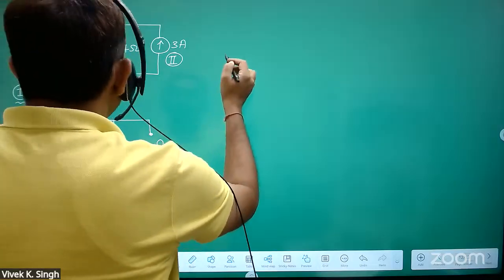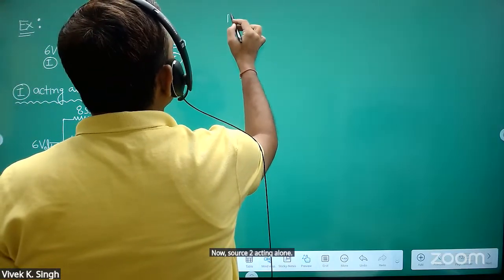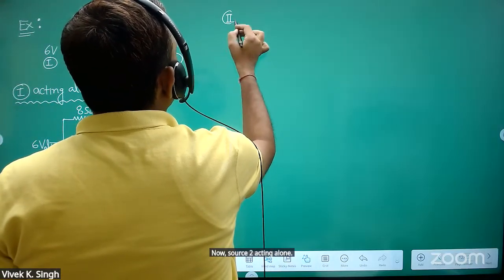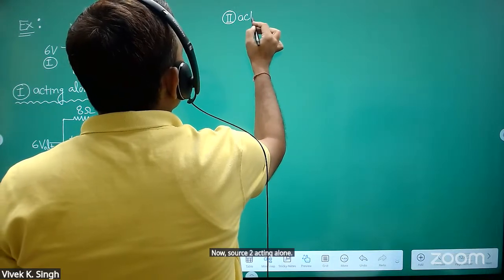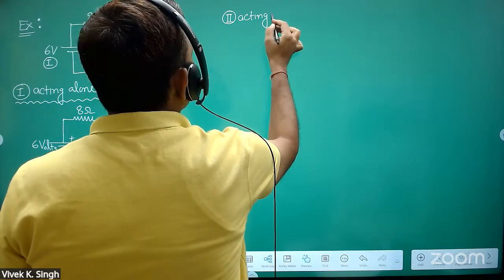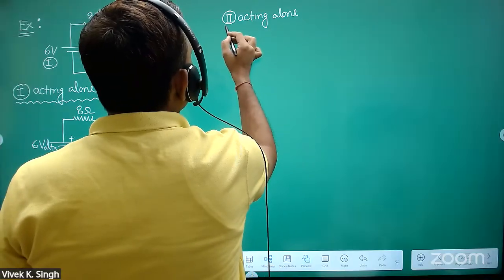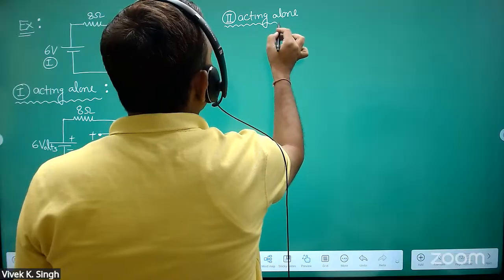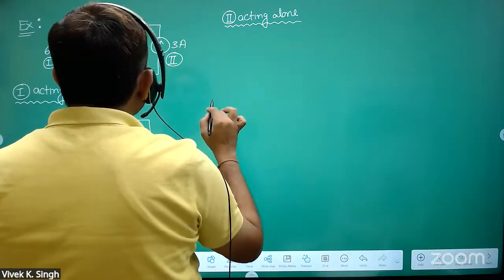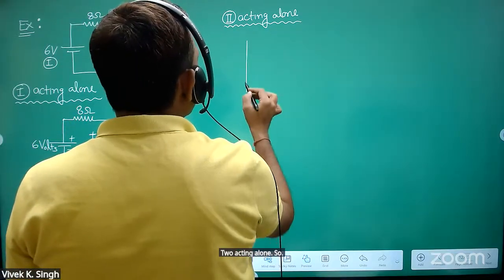Now, source 2 acting alone. So source 1 will be short circuited.